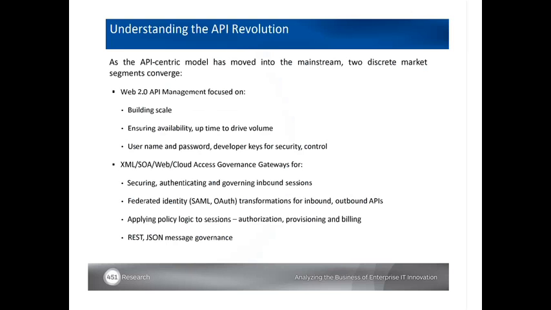With this API model going mainstream, we as an analyst firm have seen what were two discrete markets and functionality focuses converge on a set of requirements that span the developer community, the application owner, the enterprise architect, and increasingly the CISO.